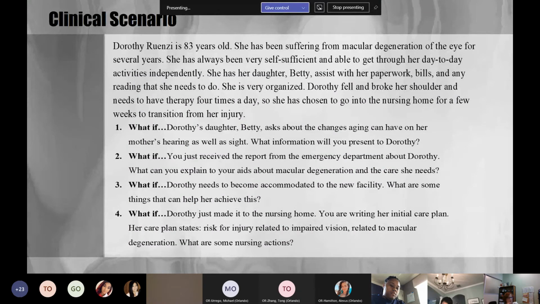So in this one, I also give you a clinical scenario to take a look at. This patient has macular degeneration, and she hurt herself, she fell. So I gave you some what-if questions. I think it would be good for you to answer these questions for testing purposes. They're really good.